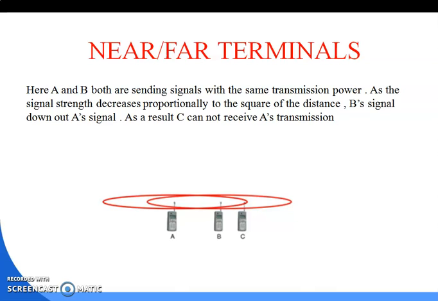A very common concept here is that three terminals, A, B, and C, are used. B and C are present as a family, but A is at some distance from B and C. Suppose A is transmitting data to C and B is transmitting data to C. Due to the near and far problem, A is at a long distance from C. That's why the signal is interrupted by the intermediate devices.